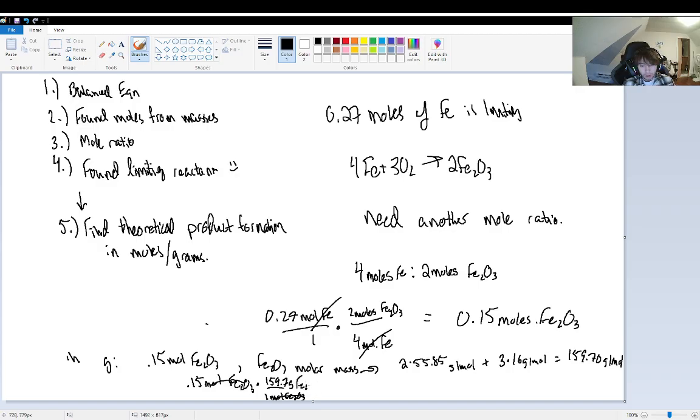I'll keep my units written properly. 0.15 times 160 rounded, it's 24. So we have 24 grams of ferric oxide. And this is the end of this question.